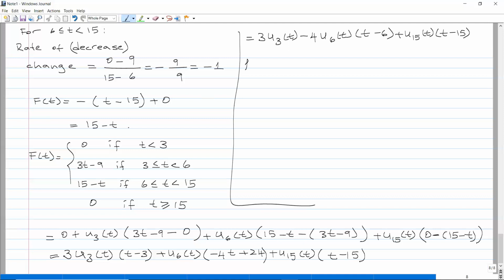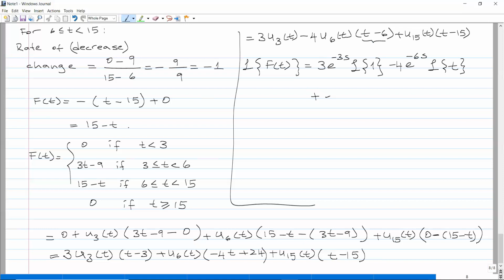So when I take the Laplace transform of this function, it is going to be 3 times u3, so e to the minus 3s, Laplace transform of 1, minus 4 u6, so e to the minus 6s, and the function in front of it is already shifted by 6, u6 times t minus 6, so I just take the Laplace transform of t.